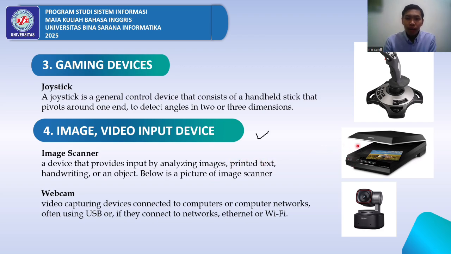The first picture is an image scanner, not a printer. An image scanner is a device that provides input by analyzing images, printed text, handwriting, or an object. Below is a picture of an image scanner. It is like a printer, but not a printer.